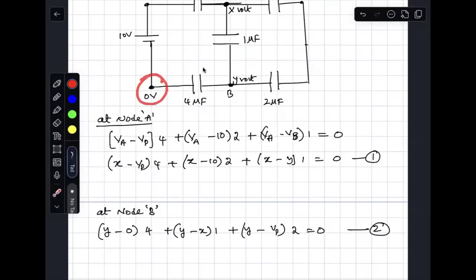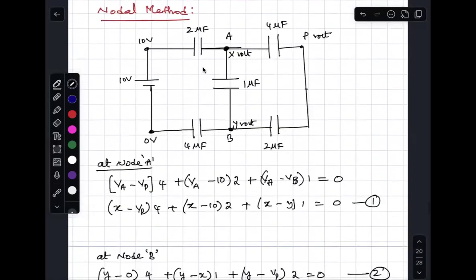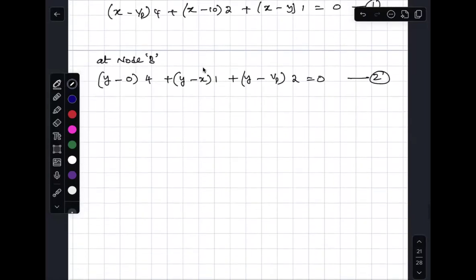Nowhere it was mentioned. So therefore, this method helps me to find Vx minus Vy. Of course, I will find X and Y, but basically I want Vx minus Vy. Different methods. Next, one more method, the nodal method, is the next symmetry of the circuit.